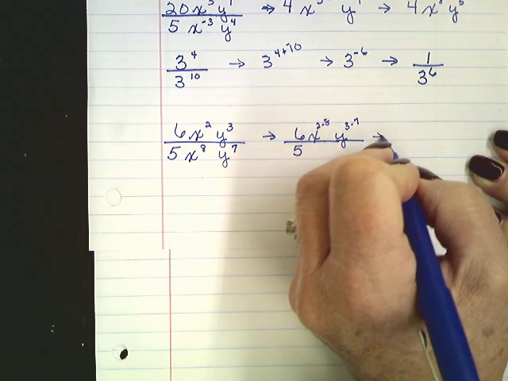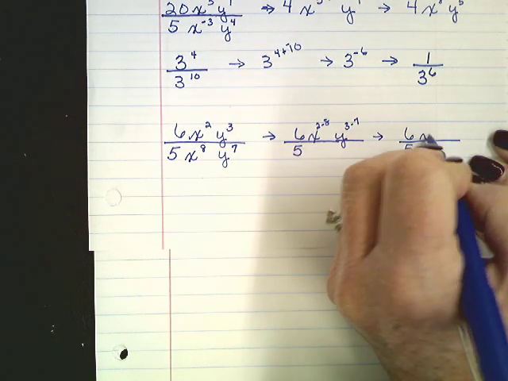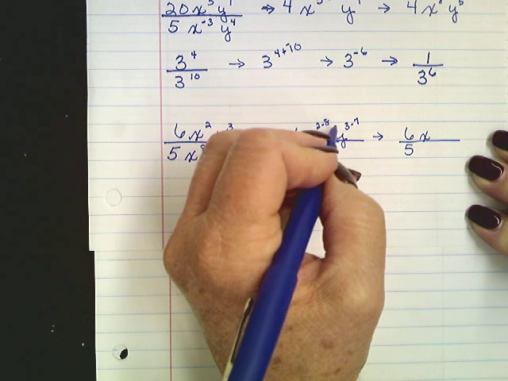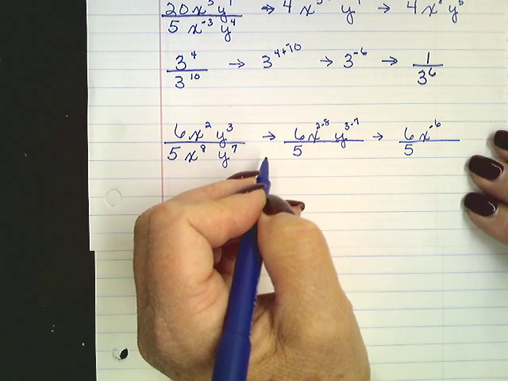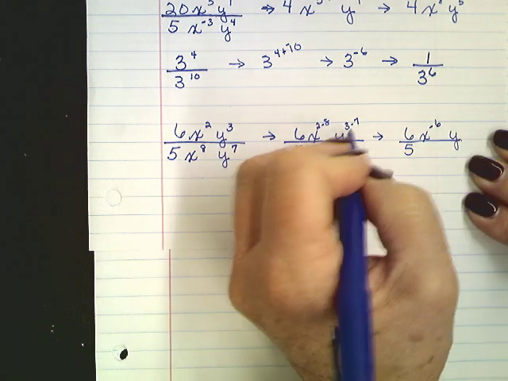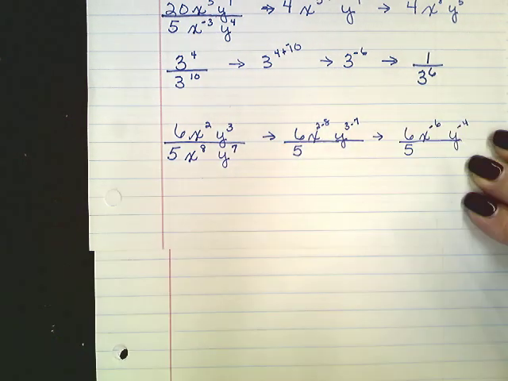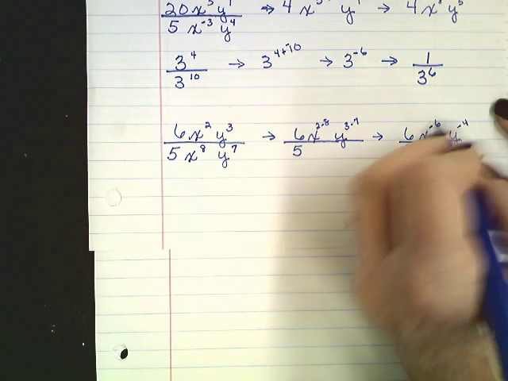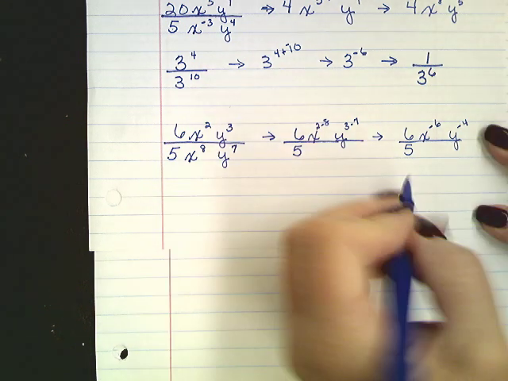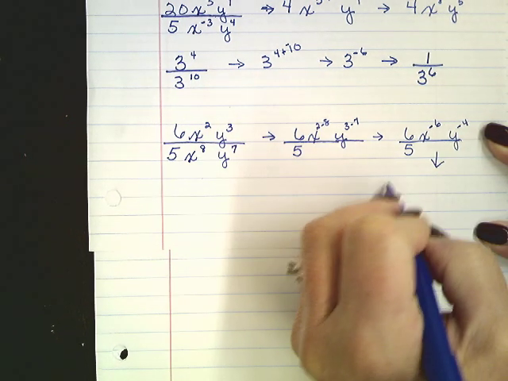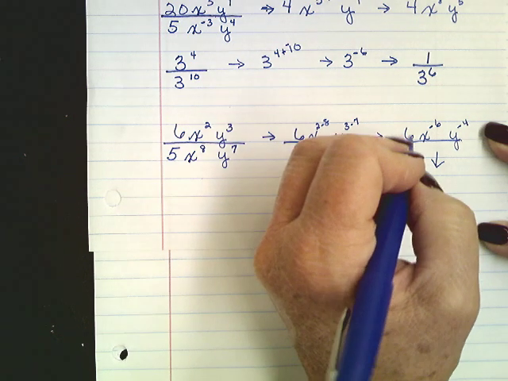So that means I'm going to have 6 over 5. x is now going to be 2 plus negative 8, which is negative 6. And y would be 3 plus negative 7, which is negative 4. Now I have negative exponents. As soon as I see negative exponents, I know I've got to get rid of them. So I'm going to rewrite this as 6 over 5, because my 6 and 5 don't have any negative exponents.